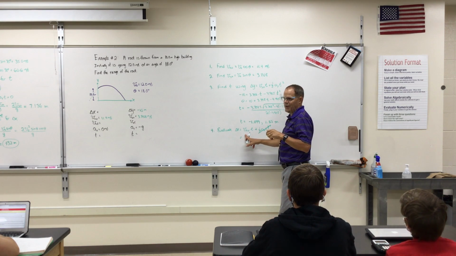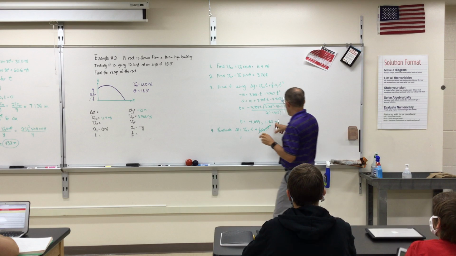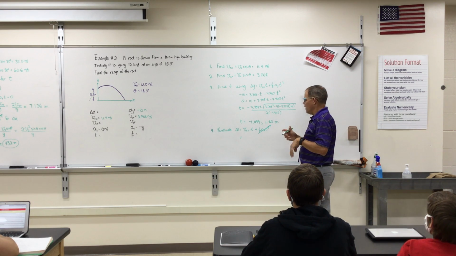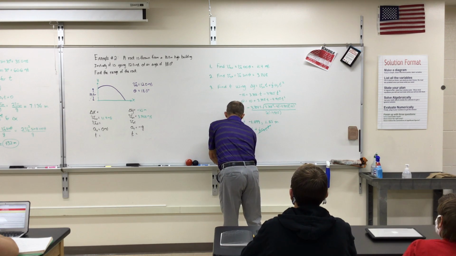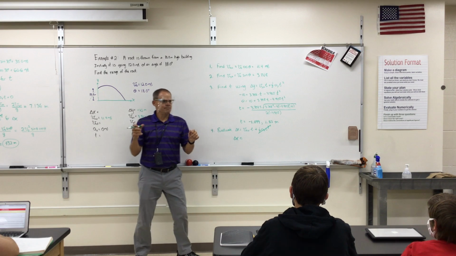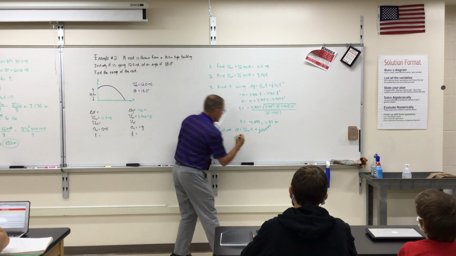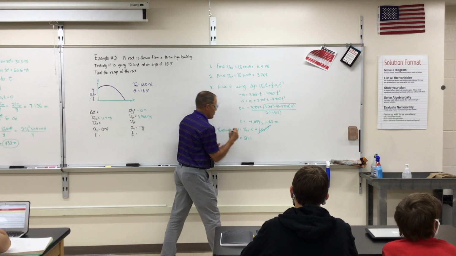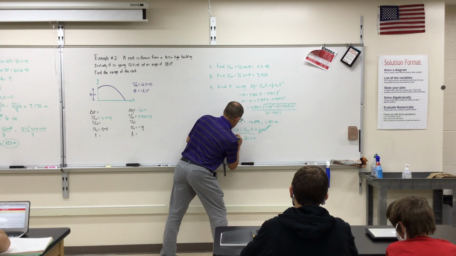Hopefully you got it there without rounding, right? Times the time, 1.85, which you have without rounding. And all of that gives you a range for the rock of, anybody? 21 point what? 21.1, is that okay? I'll go with 3 significant figures, meters.